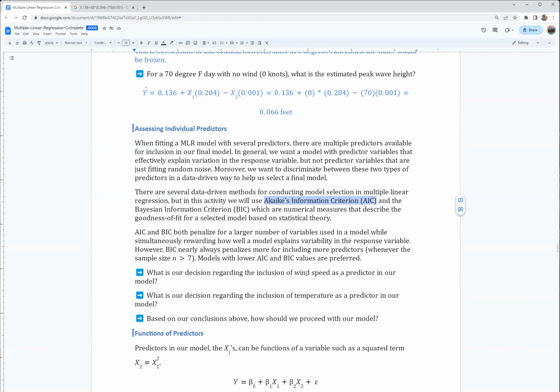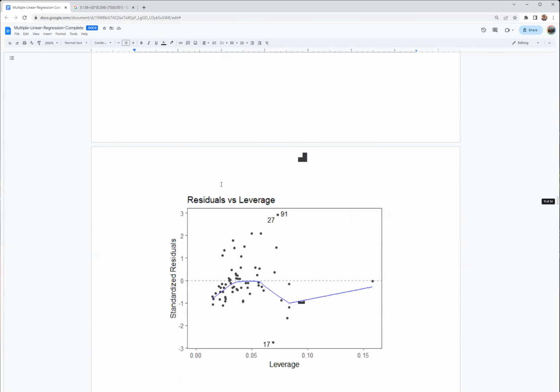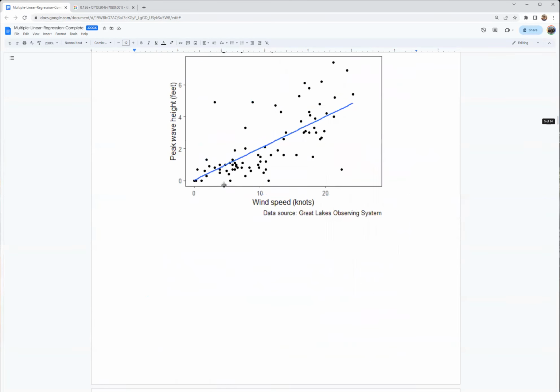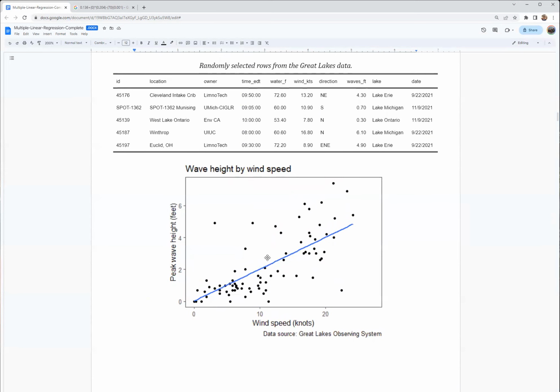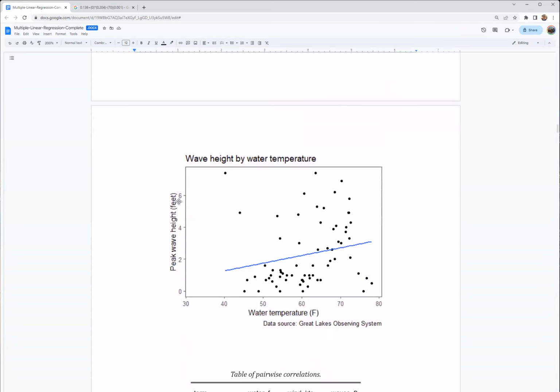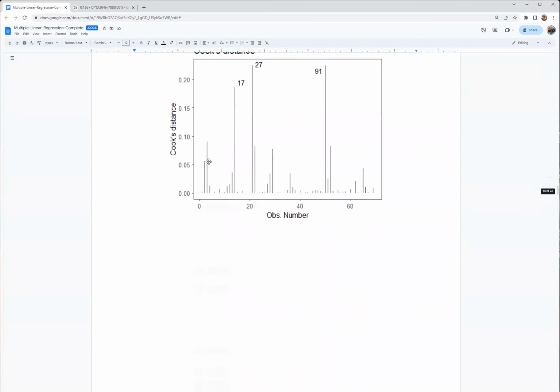They're based on statistical theory. These measures are useful because they reward models that do a good job fitting the data, that explain the response variable quite well. But if you start including too many predictors in your model that are not really adding much, that are just fitting noise, a random pattern in the data, AIC and BIC will penalize for that based on their formula.